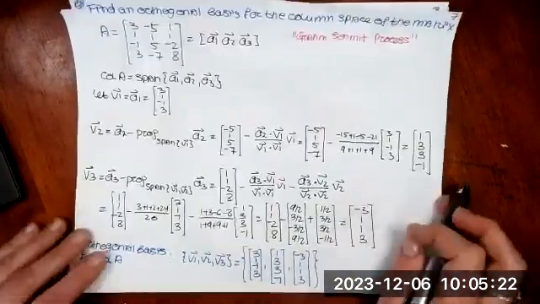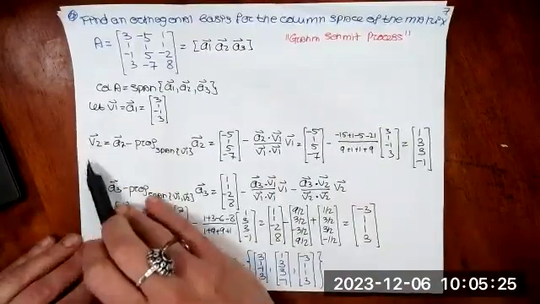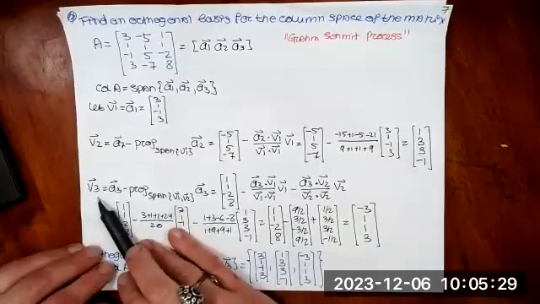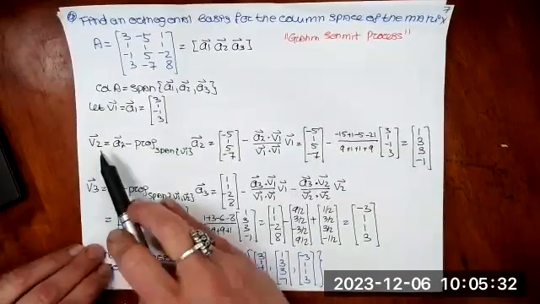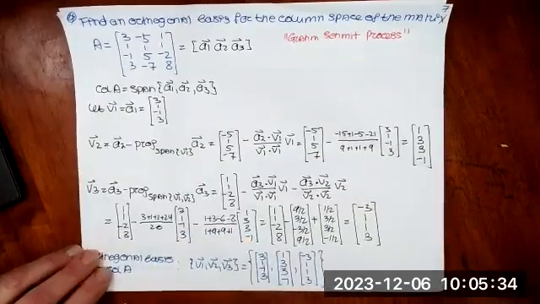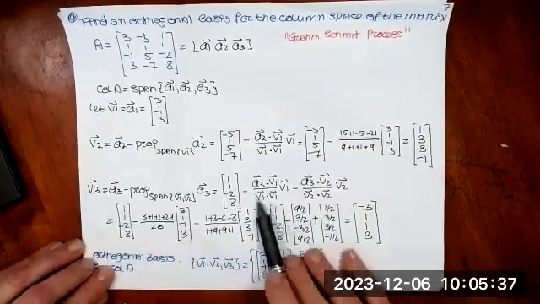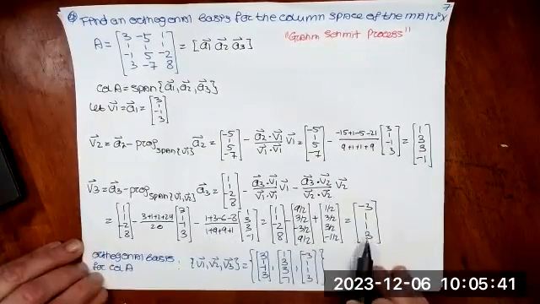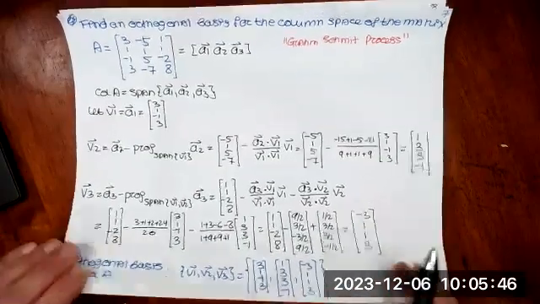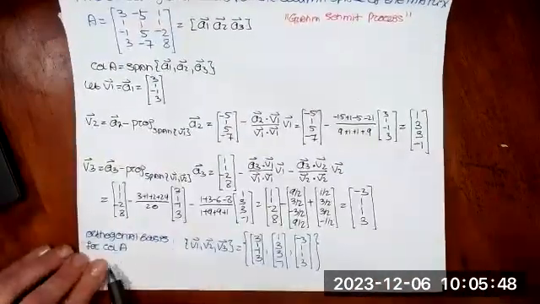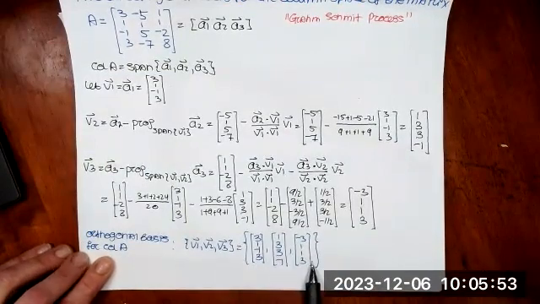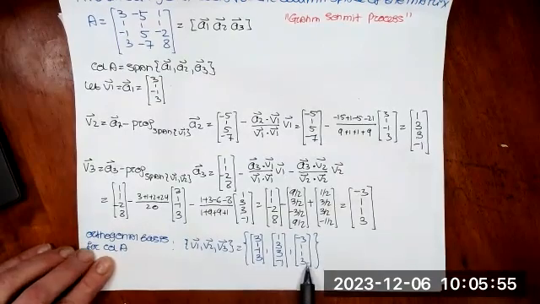By construction, V3 is going to be orthogonal to both V1 and V2, in the orthogonal complement of the subspace spanned by V1 and V2. Again, you just compute your dot products, multiply by vectors, and you have your third vector. So we basically generated our orthogonal basis for the column space of A, those three vectors from my Gram-Schmidt process.